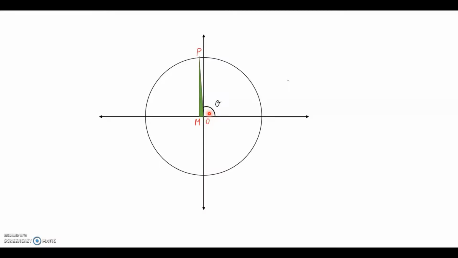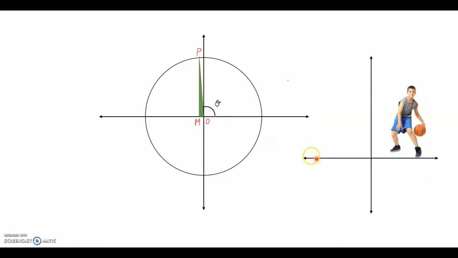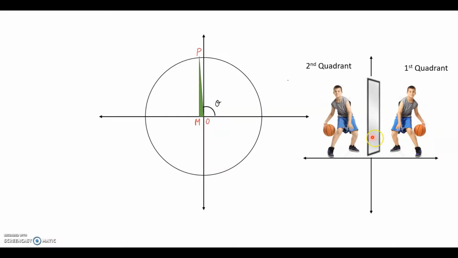So this is where I want your full attention. We're going to take some time to understand this concept. Now consider this young man who is playing basketball, and if we place a mirror on the y-axis and he is on the first quadrant, right?